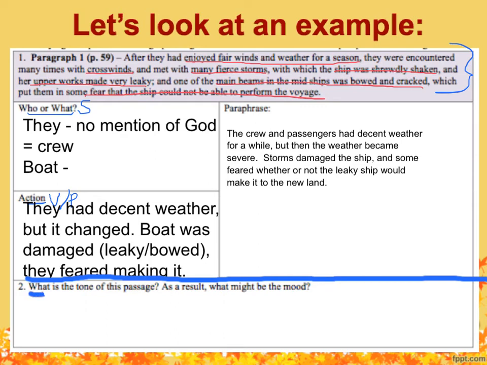It's a text-dependent question. You cannot answer this question unless you actually look at and process the information in the text. And with this, I want you to go back and use that RACE process. Now, I'm not going to model this for you because we've already modeled what it means to RACE through. But keep in mind, I do want you to make sure that you have a complete sentence.